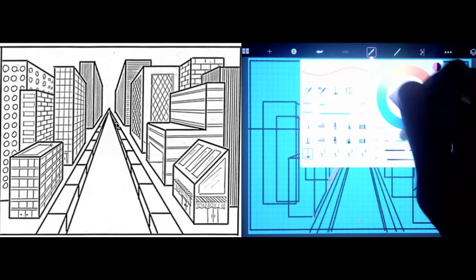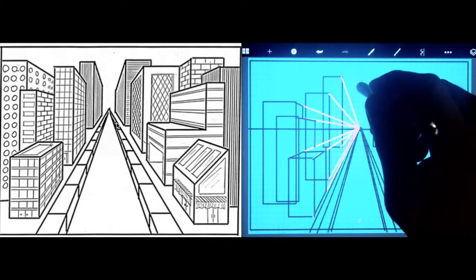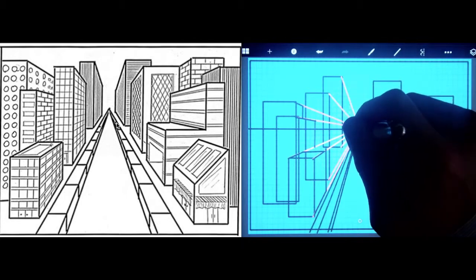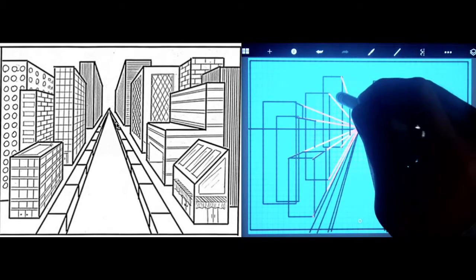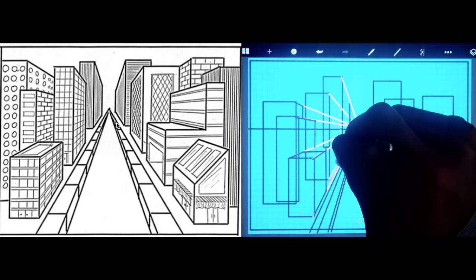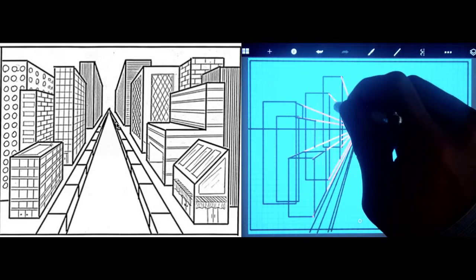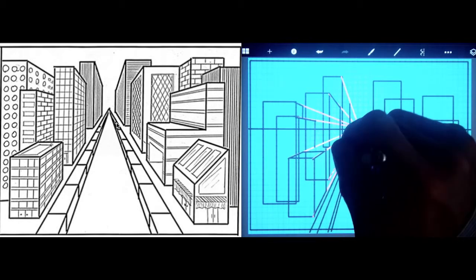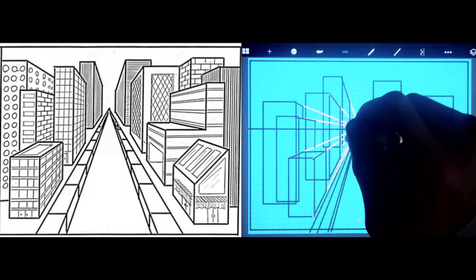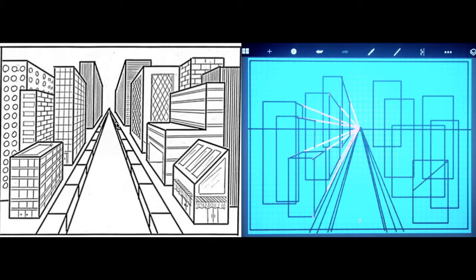And I'll switch back to black so that I can do the final edge of each of these buildings. I'm following the lines on the grid so I can get that as close to vertical as possible. And I'm retracing these lines of perspective with the black lines. It's going to help me know where those buildings are.